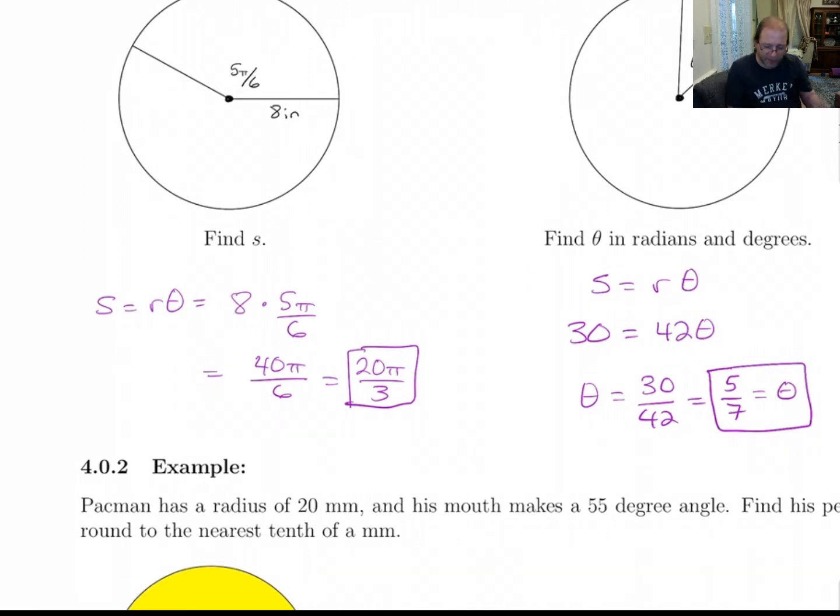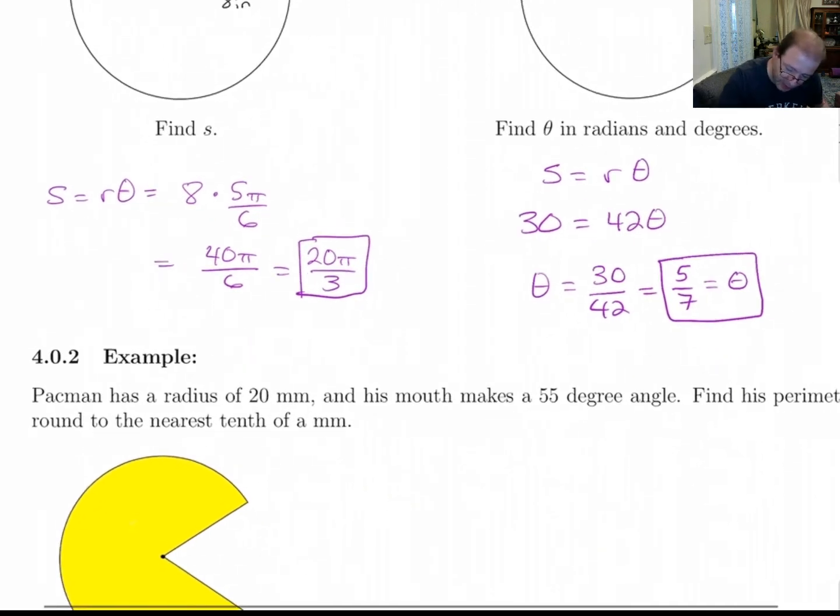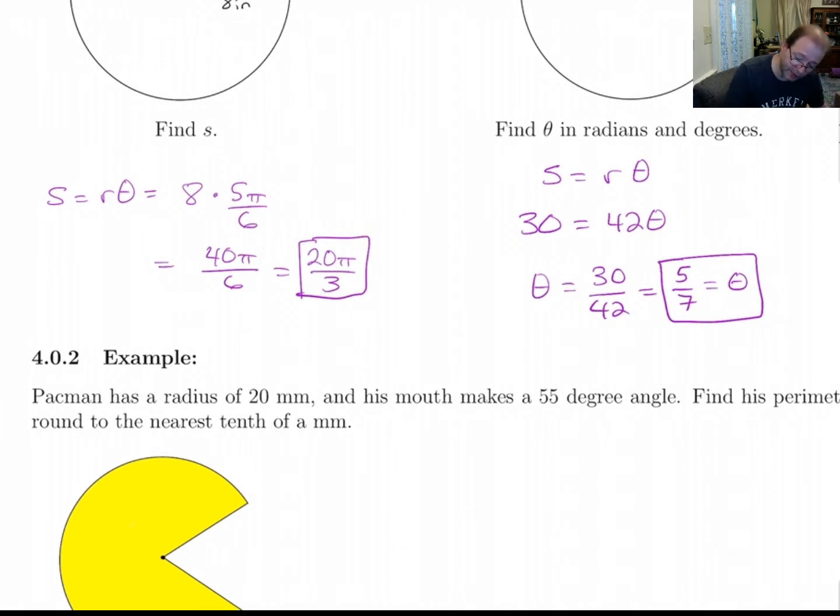If you wanted to convert that to degrees, it asks, find this in radians and degrees. So you take 5/7, and you multiply that by 360 degrees over 2 pi.